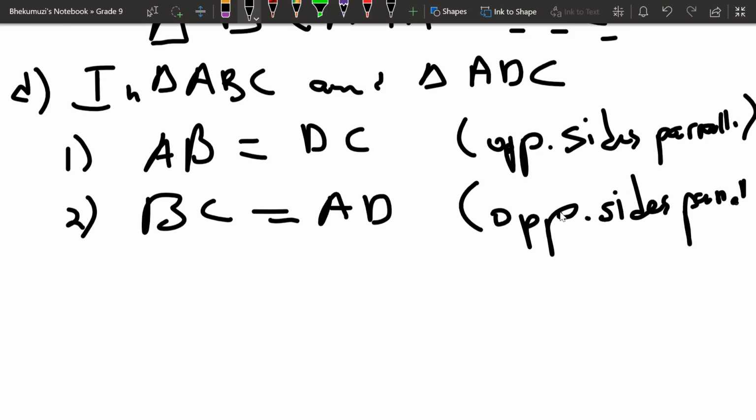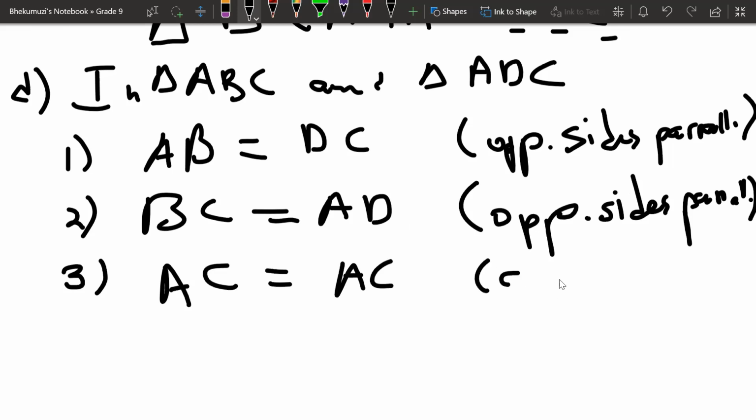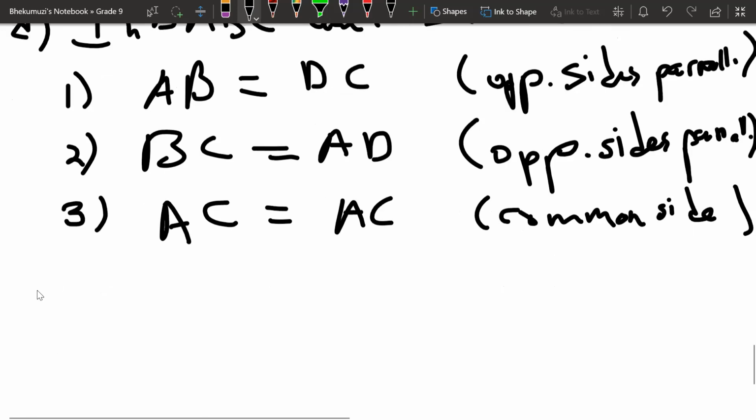This reason comes from the property of the shape itself, which is a parallelogram. Then AC is equal to AC, and the reason is it's a common side within the bigger shape, which is the quadrilateral, right?